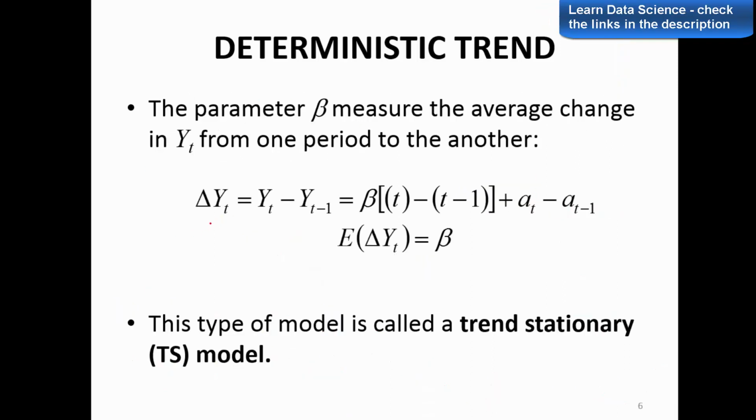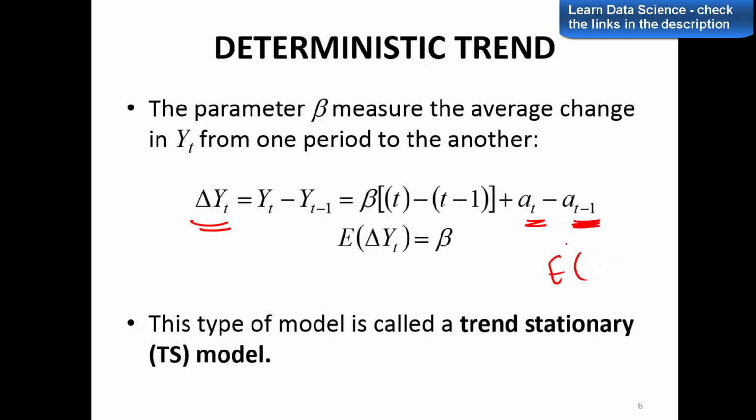So what we have here is delta yt, which is the difference between yt and yt minus 1. This is nothing but beta, plus at minus at minus 1. When you take the expectation of the error term, expectation is nothing but the mean, and the mean of the error term, a white noise series, is always going to be 0.